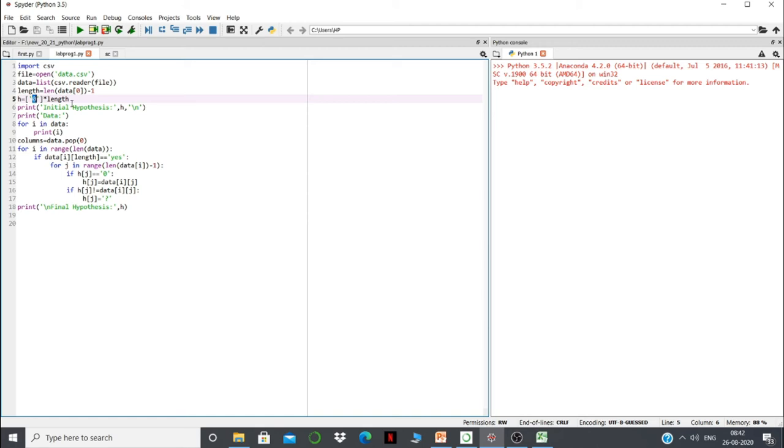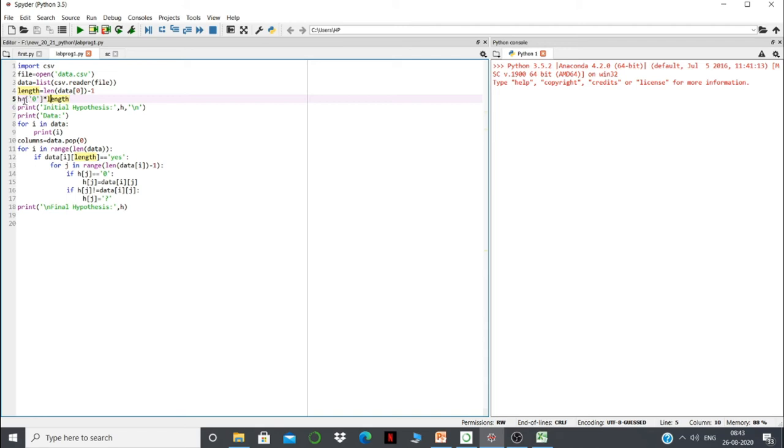So for that reason, here the hypothesis H will be initialized with phi. How many phi must be there? The phi must match the total number of attributes present in the CSV file. The length is 6, so totally 6 phi's are initialized in the first hypothesis.